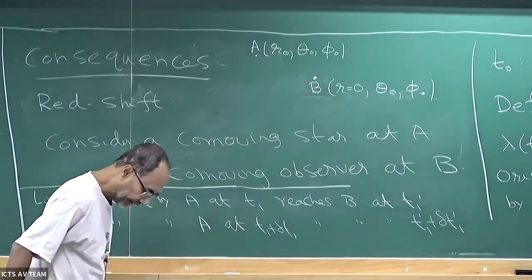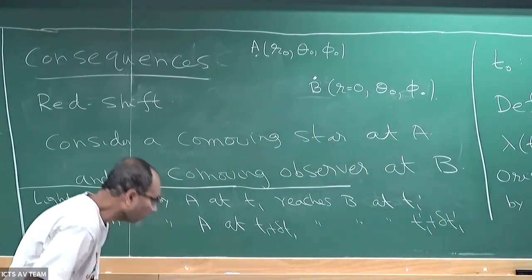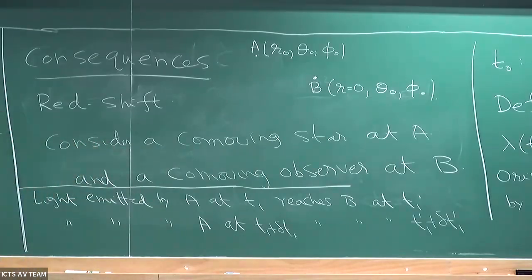Delta t1 and delta t1 prime are small on the cosmic scale. It just changes a little bit, a little later.